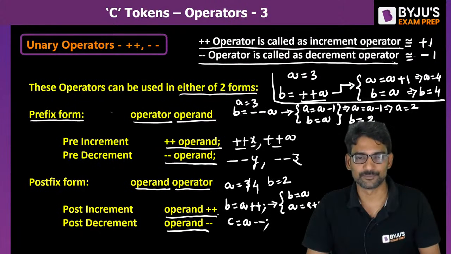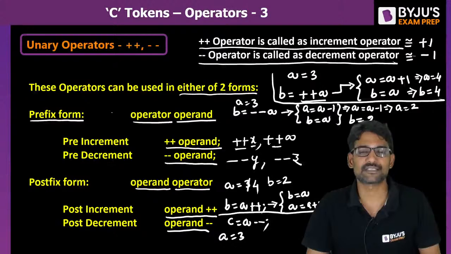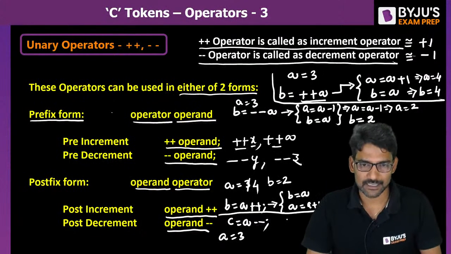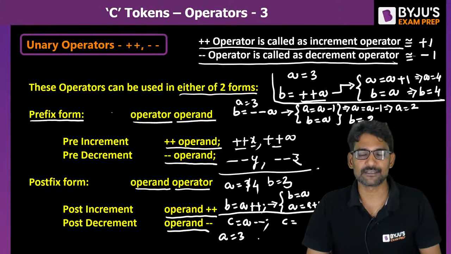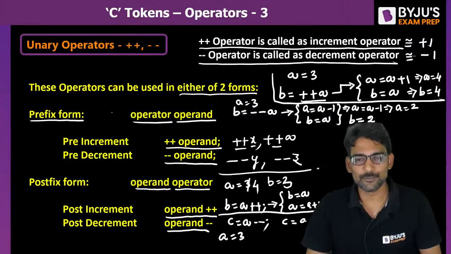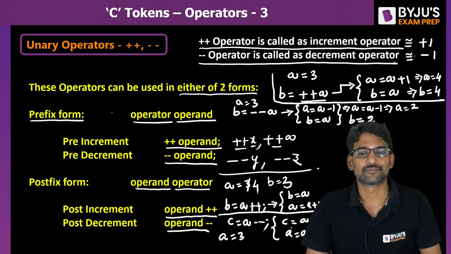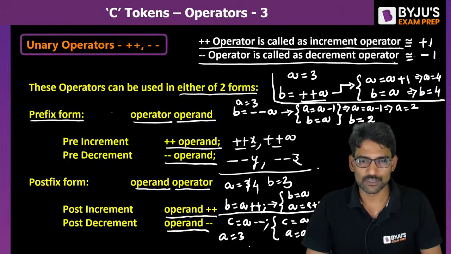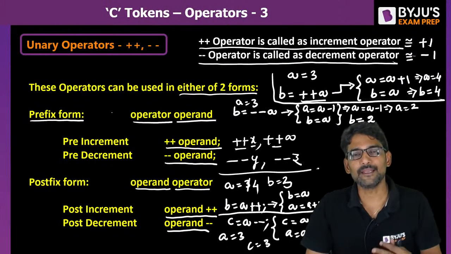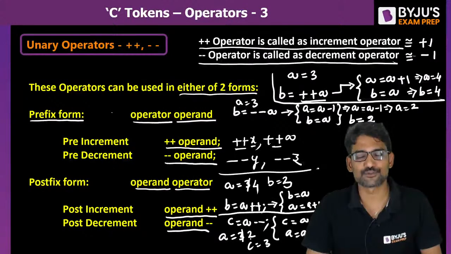Now for the same a value 3, if you say c is equal to a minus minus, that means assign the existing a value to c. So c becomes 3, then a equal to a minus 1, a value becomes 2.